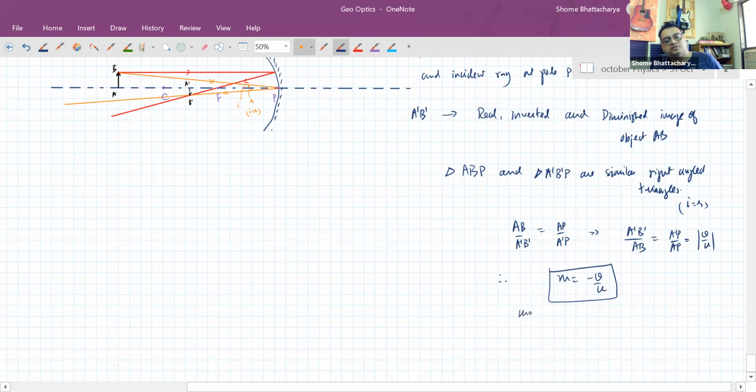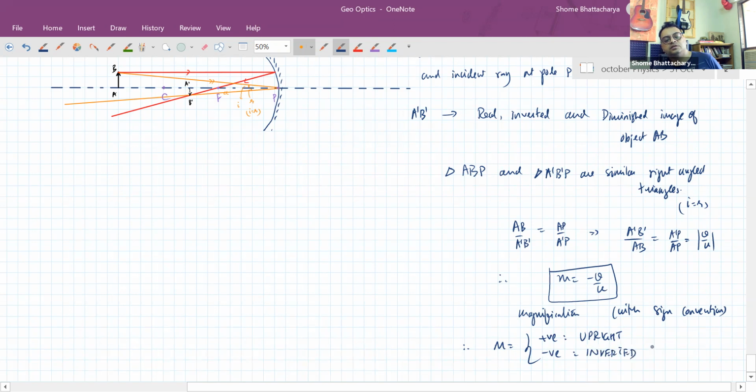So this is a magnification formula with sign convention, such that magnification positive means it is upright, and magnification negative means that it is inverted.